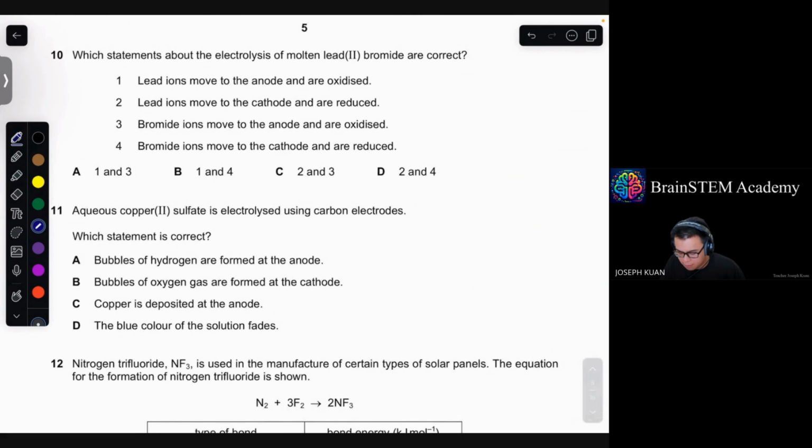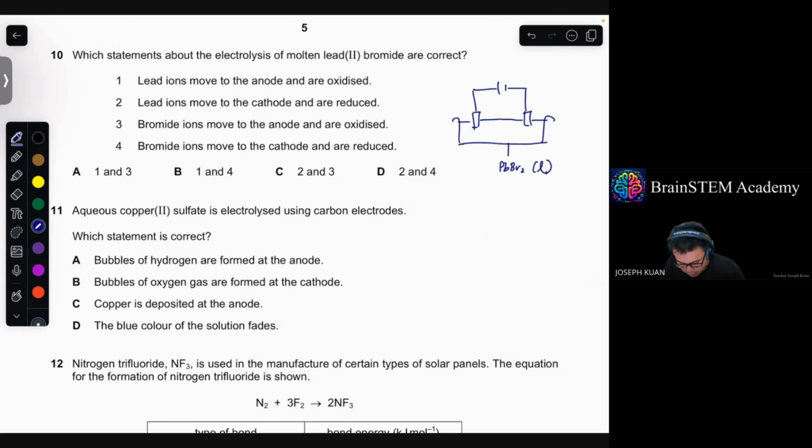Which statements about the electrolysis of molten lead(II) bromide are correct? We have the electrolysis setup, and the electrolyte that we're using is lead(II) bromide. It's molten, so the state should be liquid.